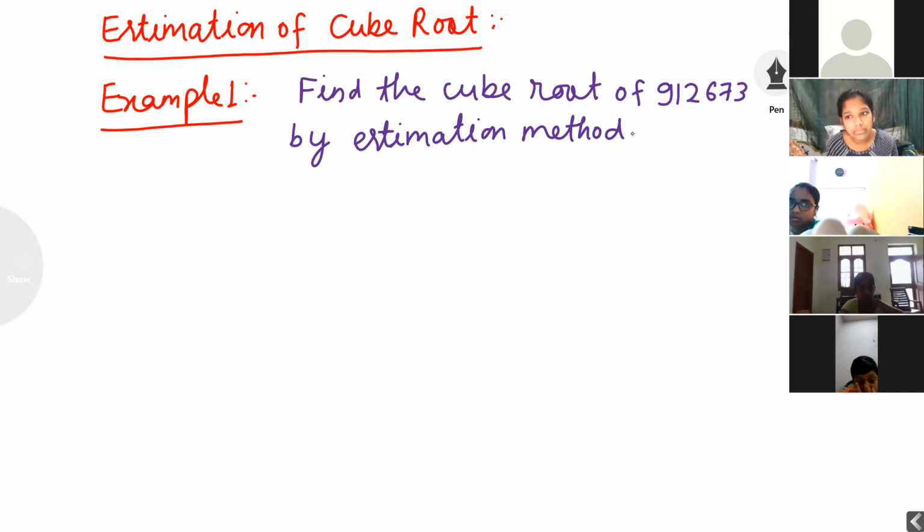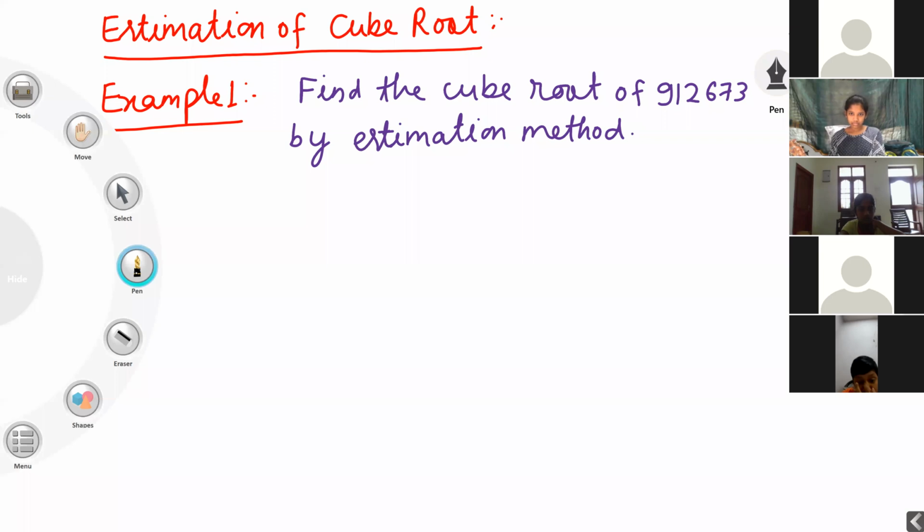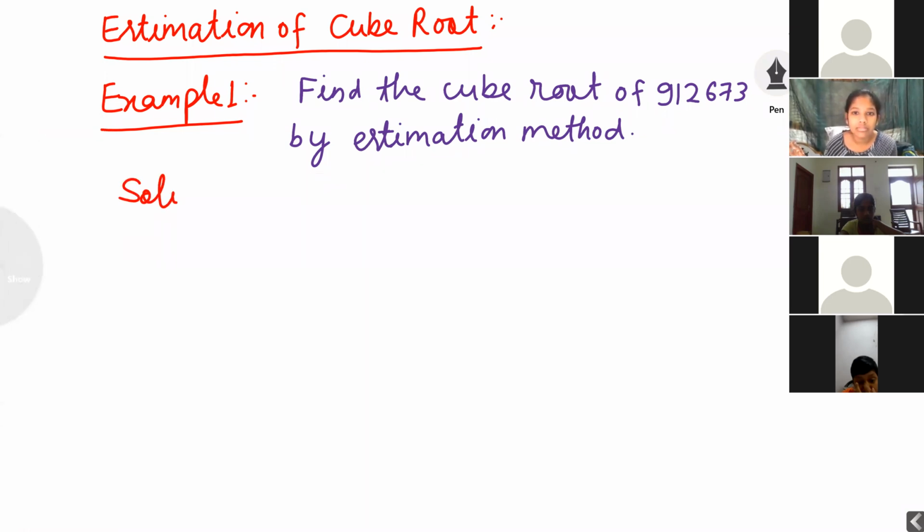Now listen carefully, students, how to find the cube root by using the estimation method. How will we apply the estimation concept to this given value? Concentrate everyone here. Very easy concept, students, don't worry.